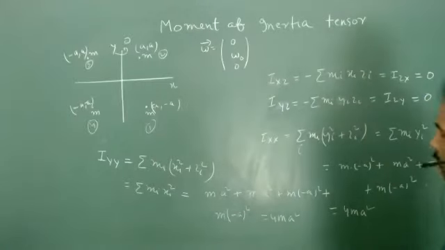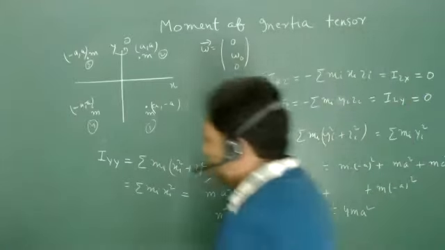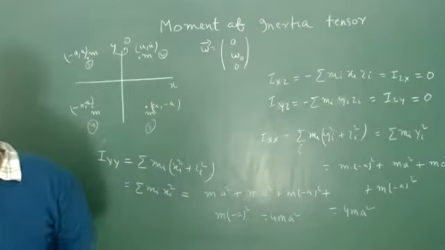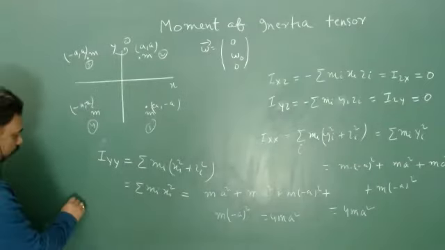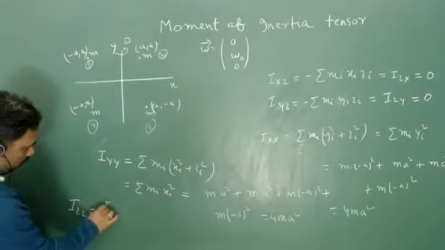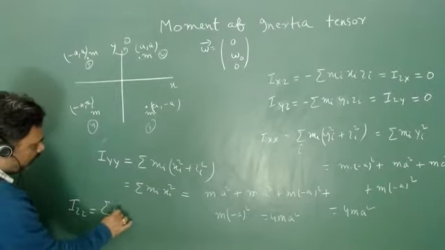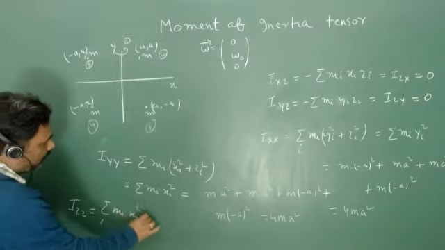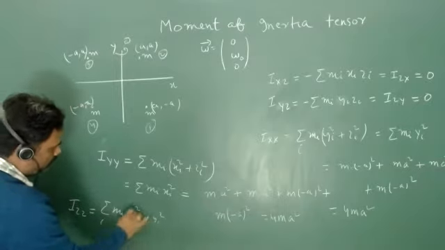Now let's go for Izz. So what is Izz? Izz is basically summation over i of mi (xi square plus yi square).